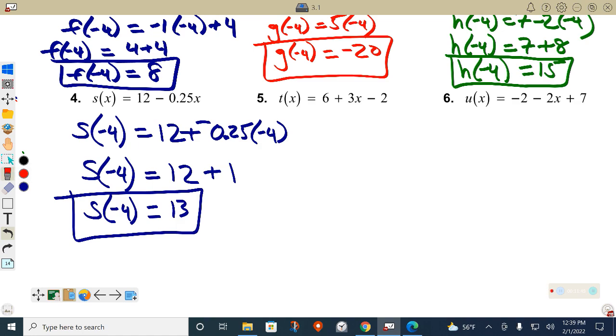How about t of x? Number 5. t of x, how about t at negative 4? It's going to equal 6 plus 3 times negative 4 minus 2.